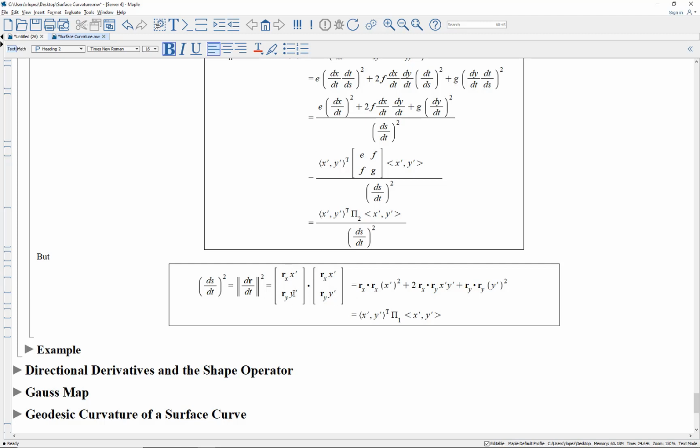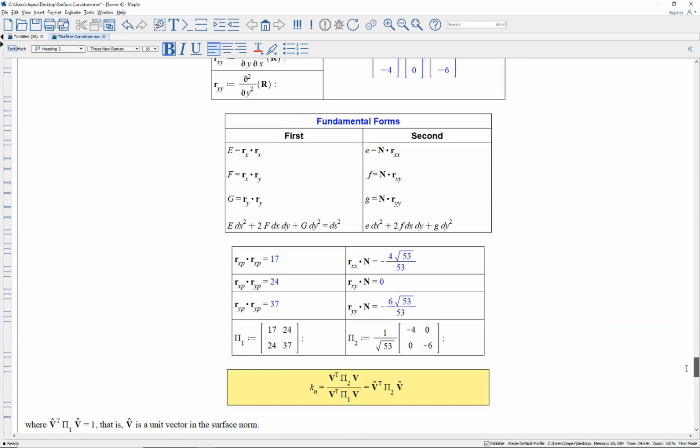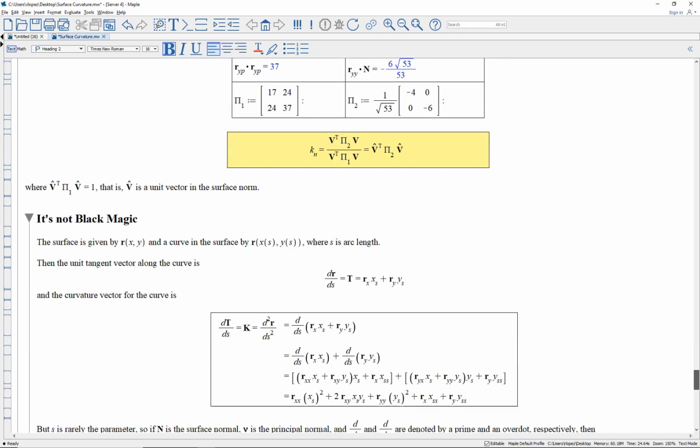But when you write these vectors out, you realize that you have two binomials multiplying each other, so you get cross terms. And here are the cross terms. And so you have r_x dot r_x, r_x dot r_y, and r_y dot r_y. And if you go back and look at the first fundamental form, you realize that these are the numbers that appear in the first fundamental form.